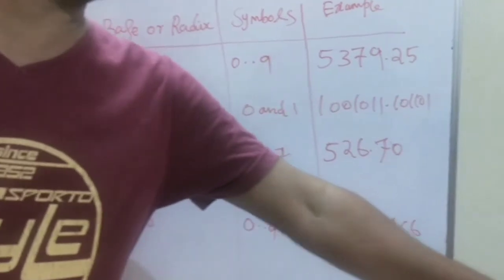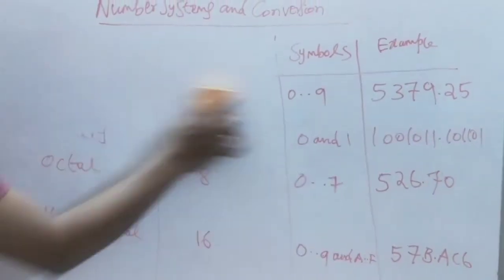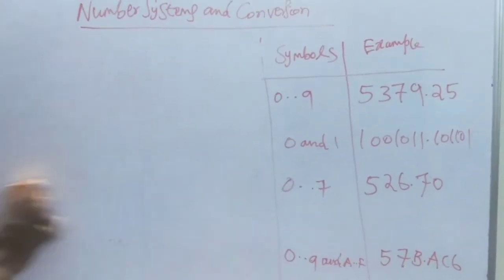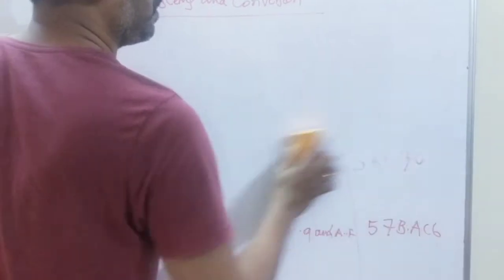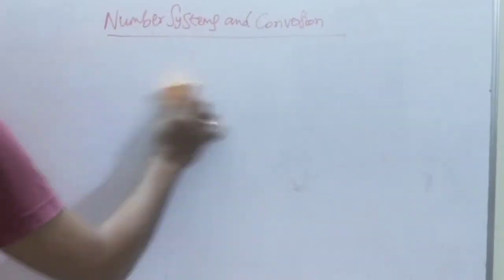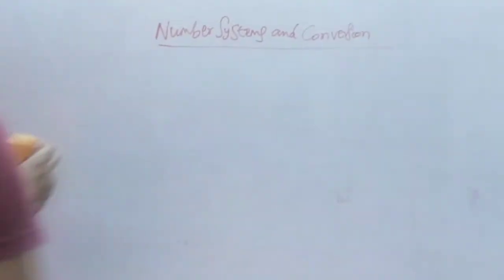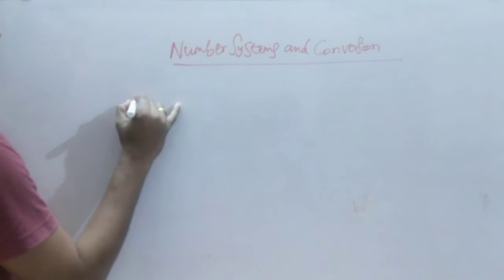Now we are going to discuss how the conversion is made from one number system to another. Conversion of number systems can be categorized into four ways.